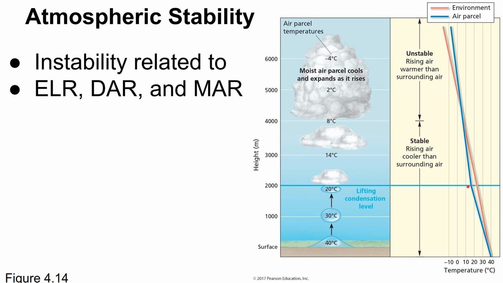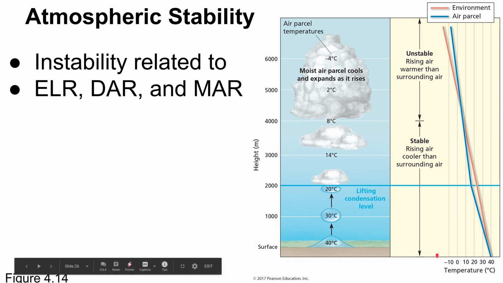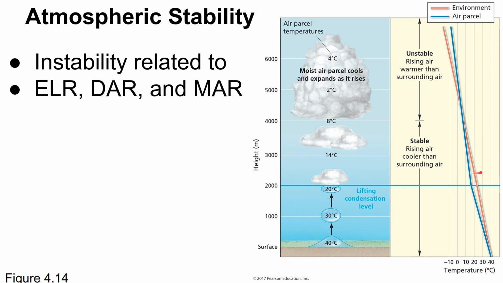At 2 kilometers, you can see the parcel's stable. Here's the temperature scale. On the left-hand side, it's colder. On the right-hand side, it's warmer. I like these kind of diagonal graphs because you can see who's colder. The parcel is to the left, so the parcel is on the colder side. The red line represents the atmosphere. So the parcel's colder than the atmosphere, so the parcel is stable.